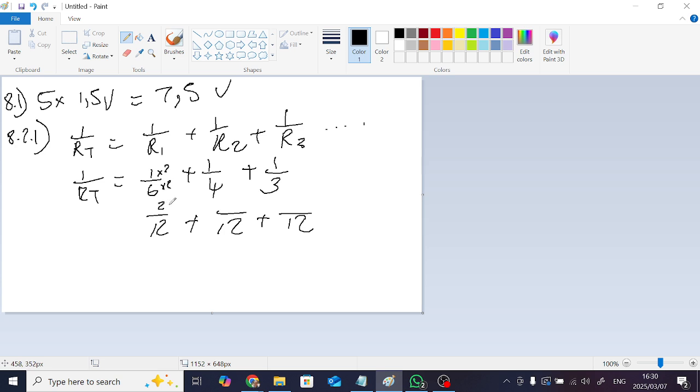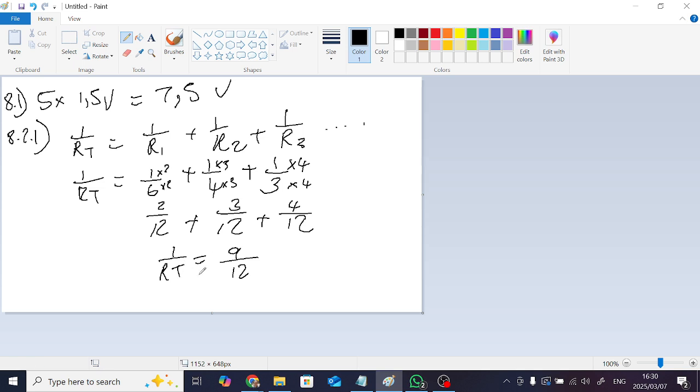So that's 2. 3 times, top and bottom by 3. So that's 3. 4 times, we multiply the top and the bottom by 4. So the total is going to be 2 plus 3 is 5 plus 4 is 9 over 12, which is equal to 1 over RT.